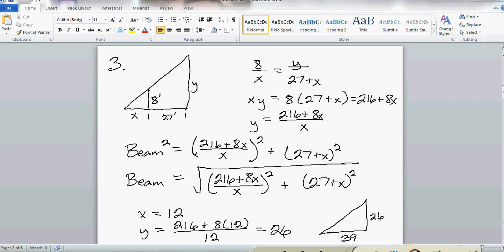And so then, finally, if we use the Pythagorean theorem, we would find that this would equal the square root of 1,517, just taking 39 squared plus 26 squared and taking the square root. And so the shortest distance would be the square root of 1,517 feet.